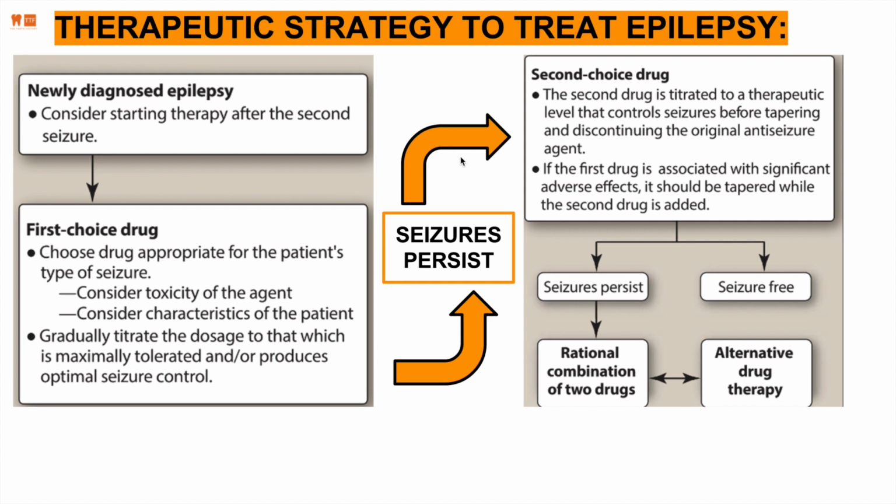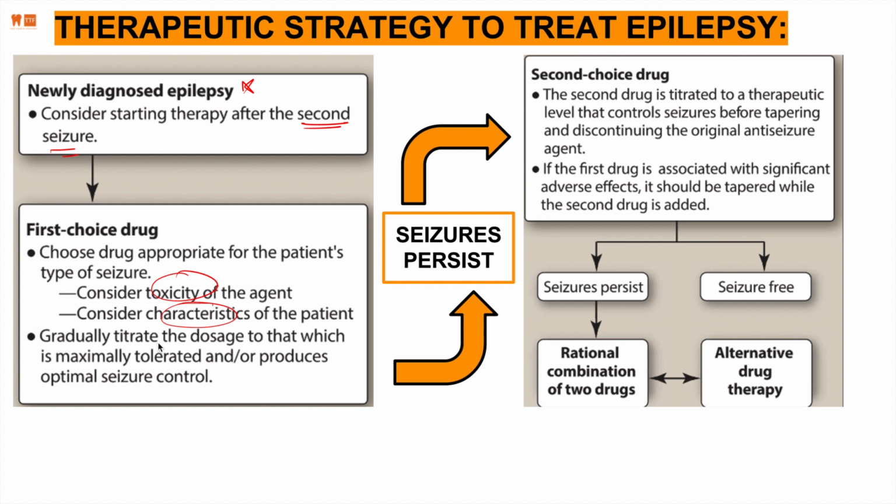Now, therapeutic strategies to treat epilepsy. Say you have a patient in your clinic, now what? For a newly diagnosed epilepsy, consider starting therapy after the second seizure. Second seizure, very important to remember. The first choice of drug is basically a drug that's appropriate for the patient's type of seizures. Consider toxicity of the agent as well as characteristics of the patient that can handle the drug or not.